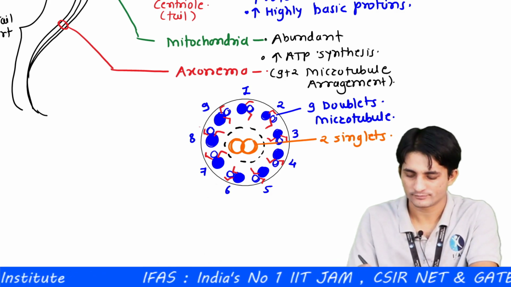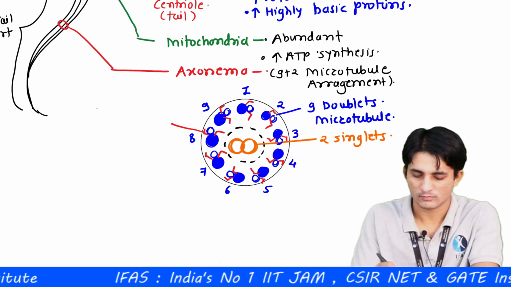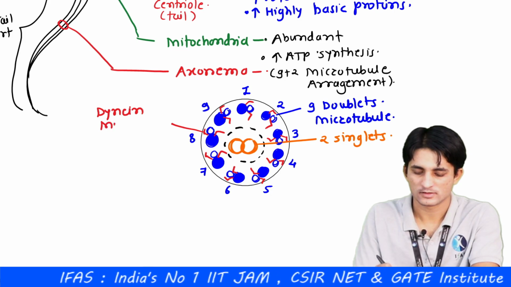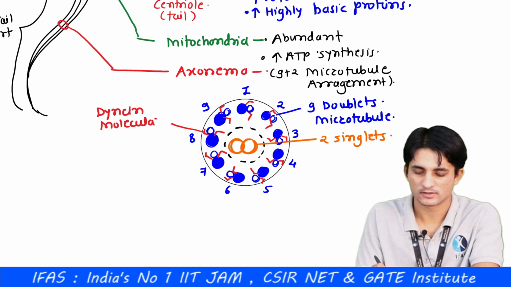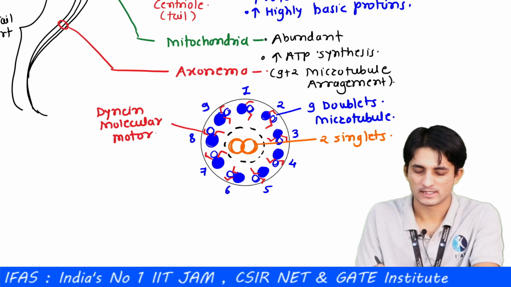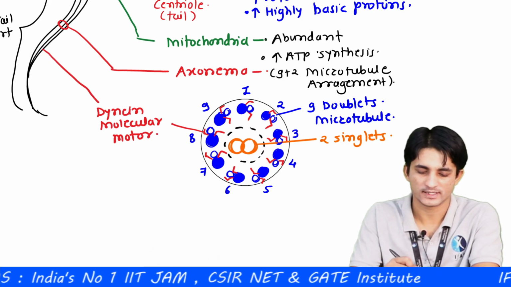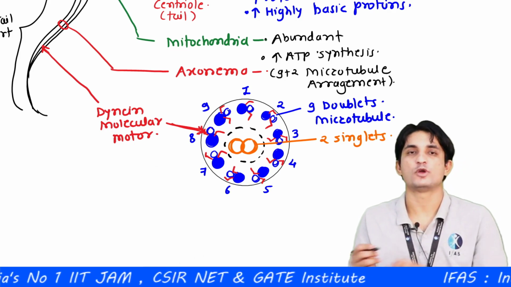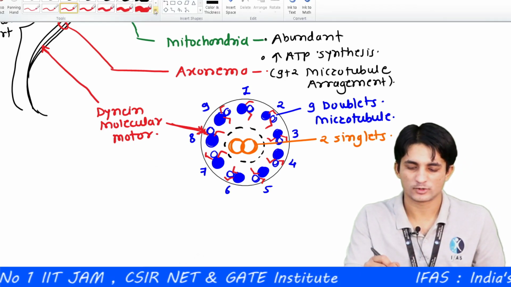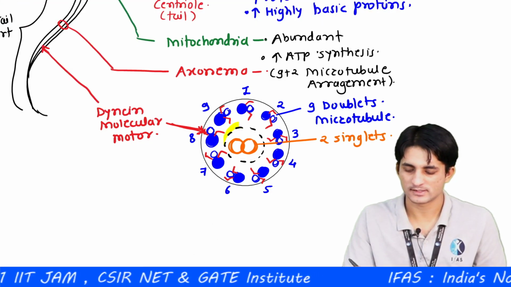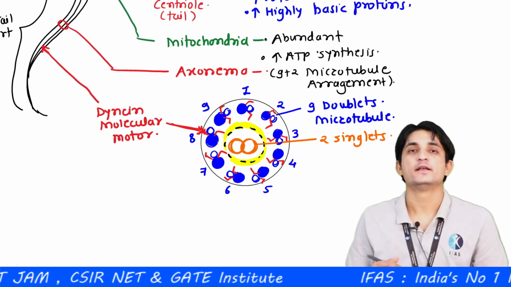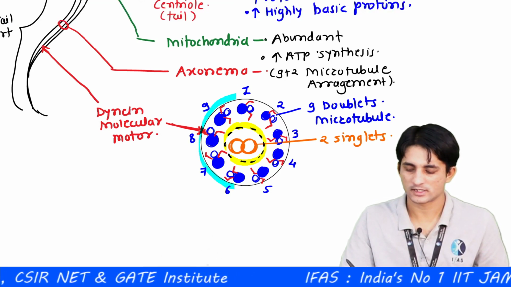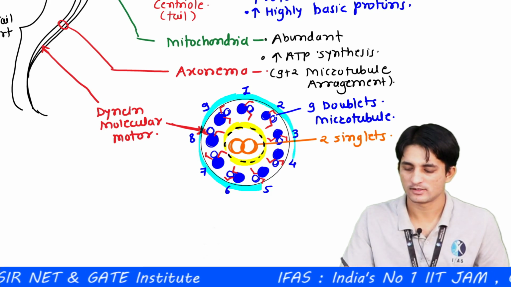So this is the dynein molecular motor, which is a negative-directed motor, and it is present in the tail. The dynein molecular motor has 2 arms, the outer arm and the inner arm. So this is the structure of the axonema.